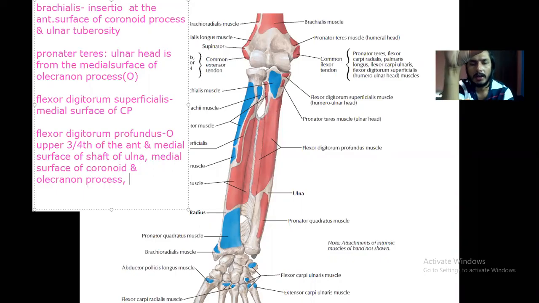Along with the flexor carpi ulnaris and the extensor carpi ulnaris. So through one aponeurosis, these three muscles will take the origin from the posterior border. That is the flexor digitorum profundus, flexor carpi ulnaris, and the extensor carpi ulnaris.